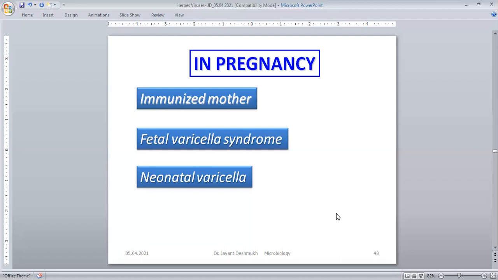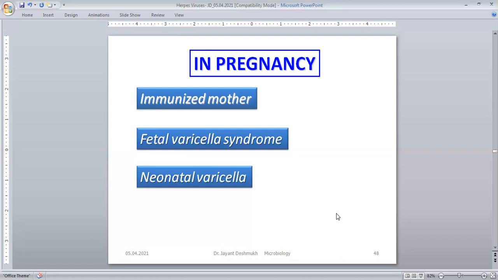Neonatal varicella: when the mother gets the infection within a week before the delivery, not more than 1 week. If it is more than 1 week, mostly the neonates are asymptomatic with no clinical presentation. Why?